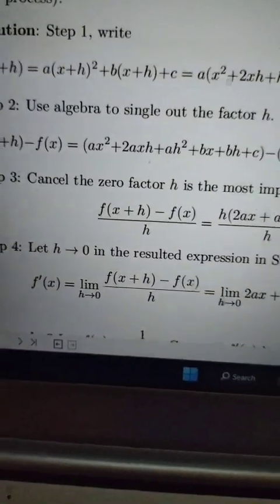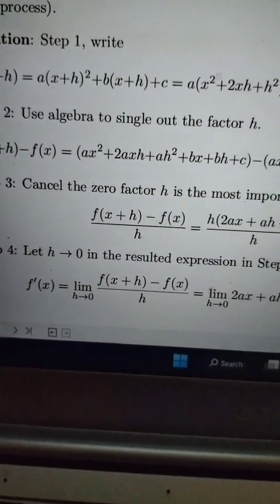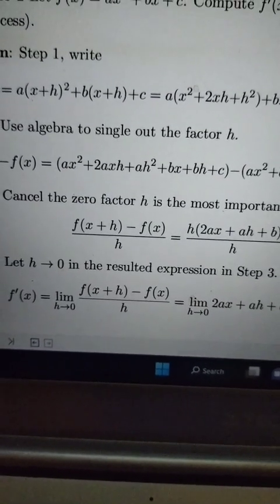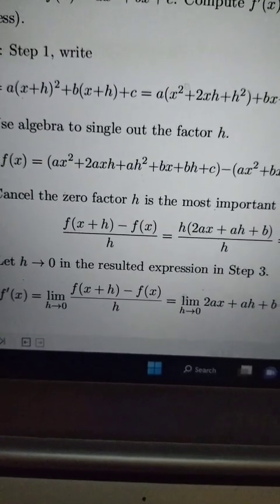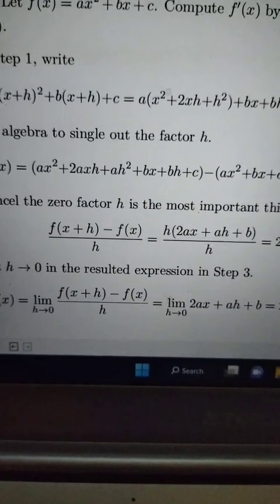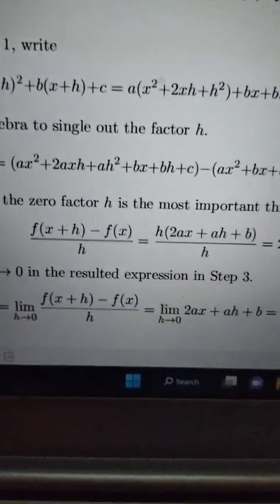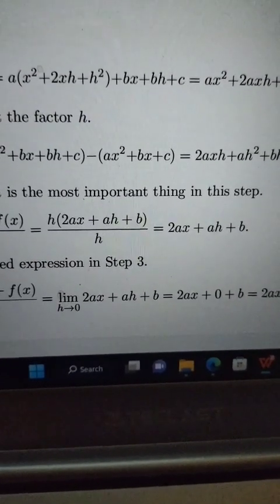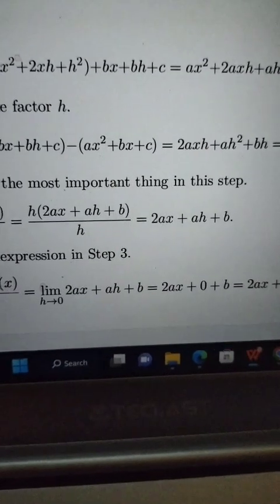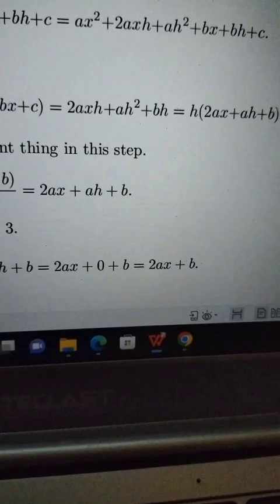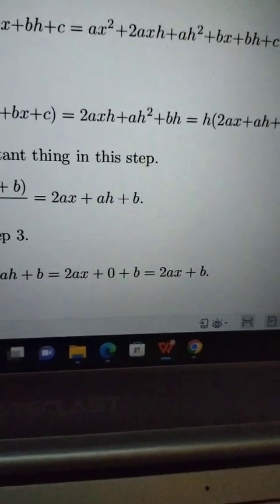So f'(x) equals the limit as h goes to 0 of [f(x + h) minus f(x)] over h, equals the limit as h goes to 0 of (2ax plus ah plus b), equals 2ax plus 0 plus b, equals 2ax plus b, and that's the answer.